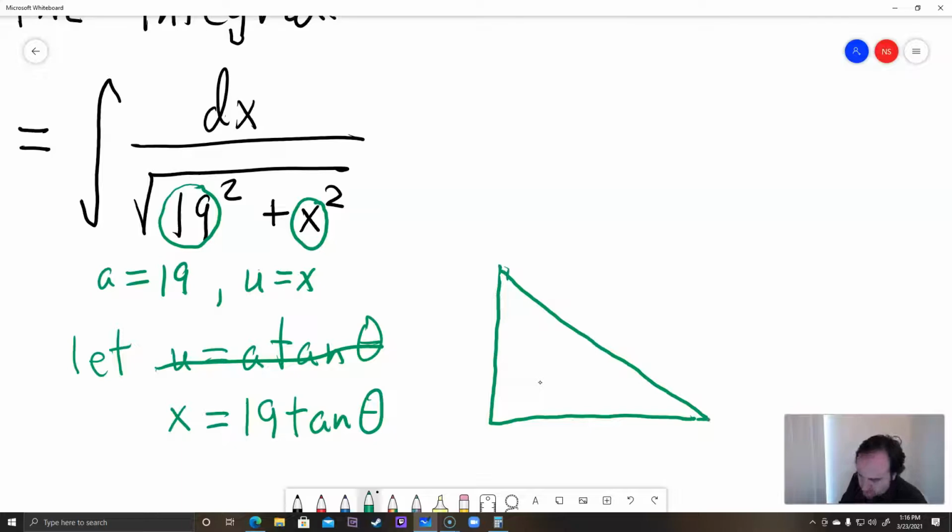Since tangent of theta equals x over 19, that's opposite over adjacent. That means that if this is theta here, then the opposite is going to be x, the adjacent is going to be 19, and the hypotenuse is going to be the square root of x squared plus 19 squared.